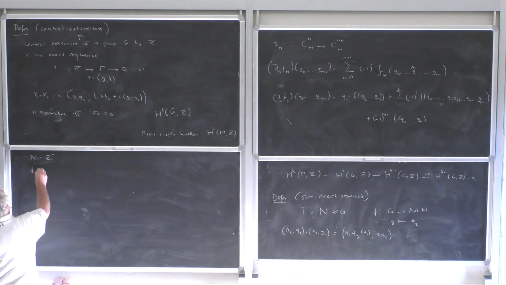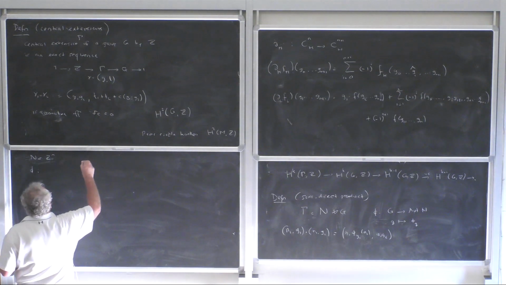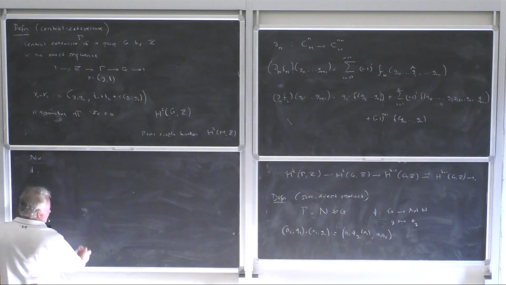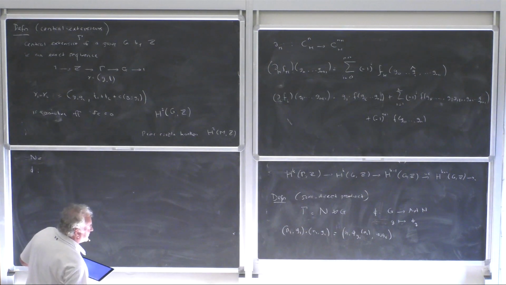I want to take an automorphism. I'm confusing my N with a nil manifold and this group.